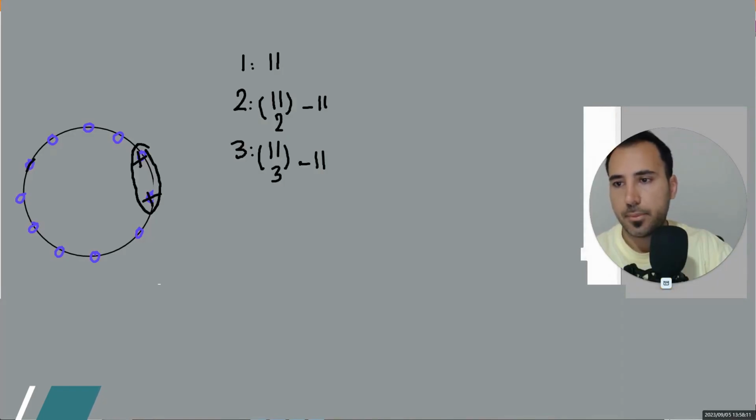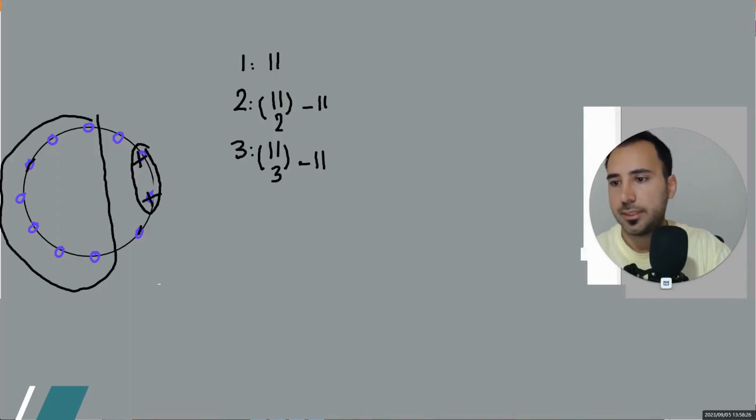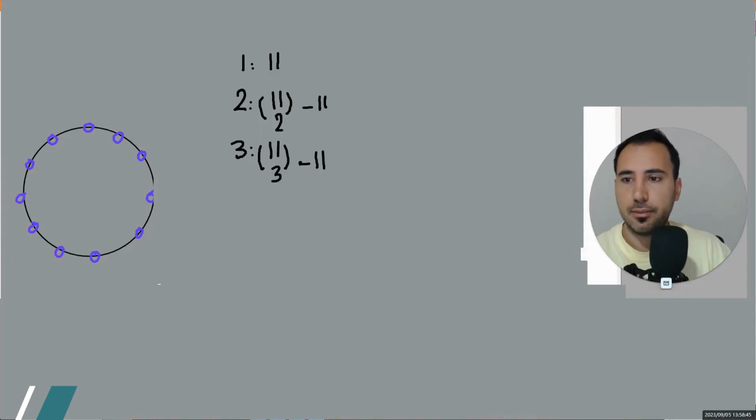If the next one is here or here, we have already counted it. So for each pair, it could be in any of these circles, 1, 2, 3, 4, 5, 6, 7. So for each pair, of which we have 11, we have 7 other options. So it's going to be minus 11 times 7.